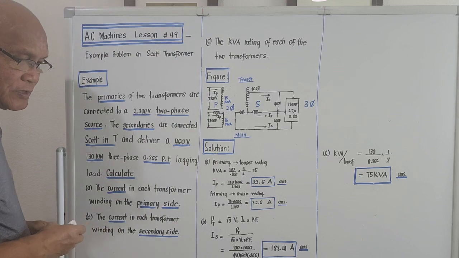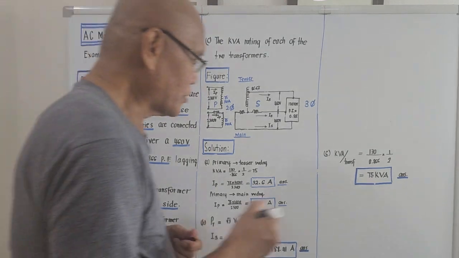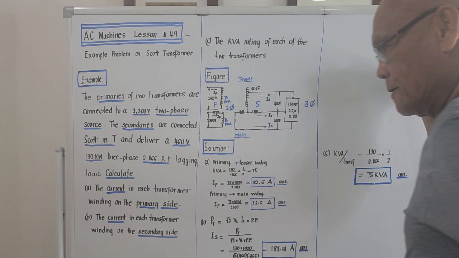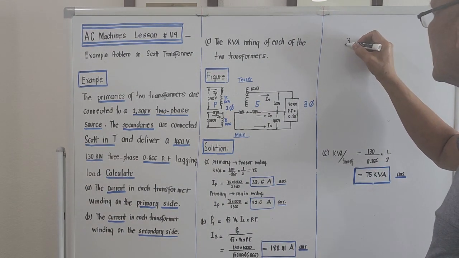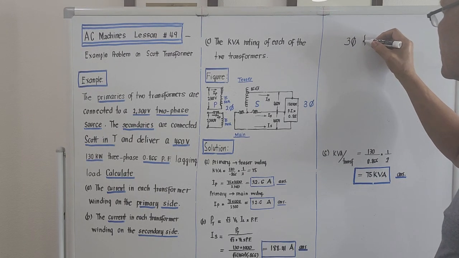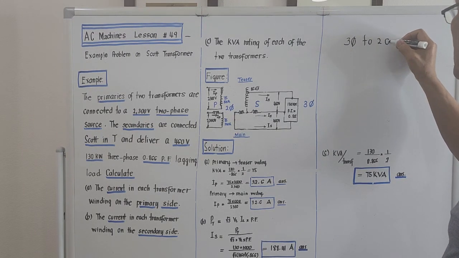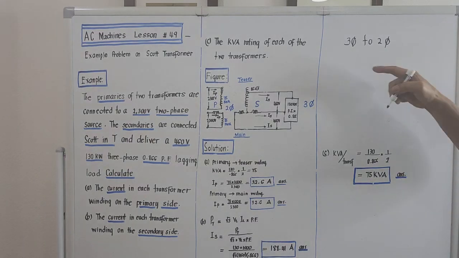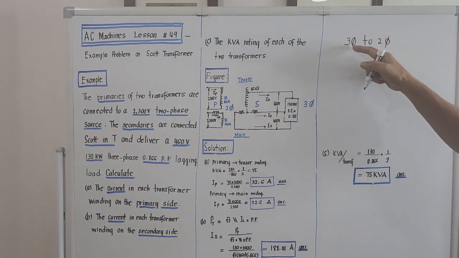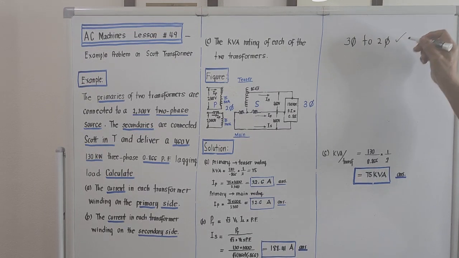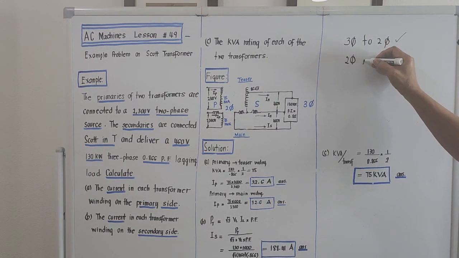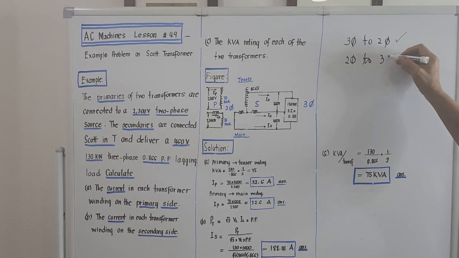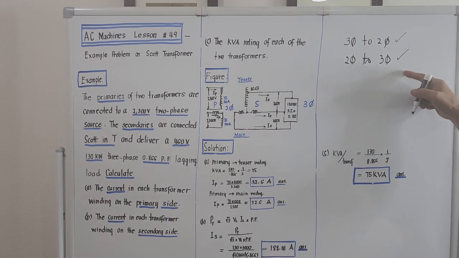Actually, the first discussion the last time around was the conversion from three-phase to two-phase. And for this morning, it will be two-phase to three-phase. So this will be the topic for this morning.